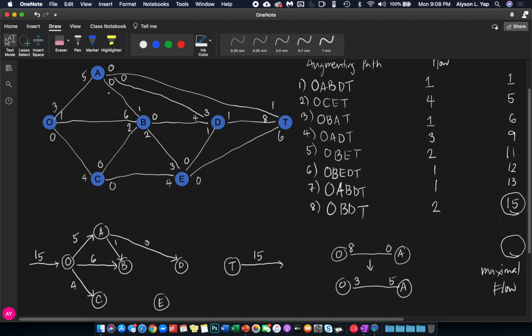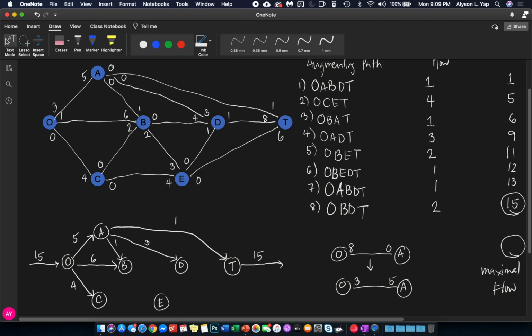And finally, the capacity from A to T is a 0 and 1. Therefore, we know that 1 unit moved from A to T. And as you can see, the 5 units that entered A moved this way. 1 unit moved to T, 3 units moved to D, and 1 unit moved to B.